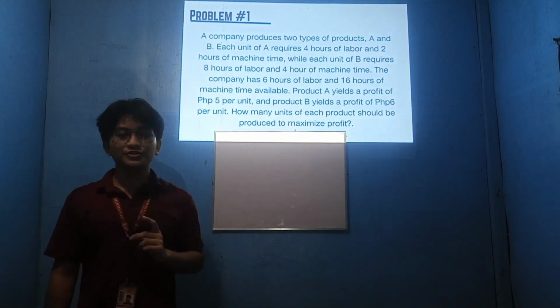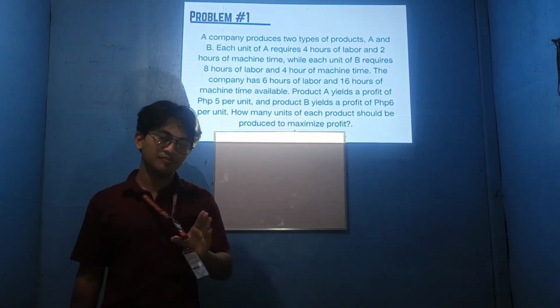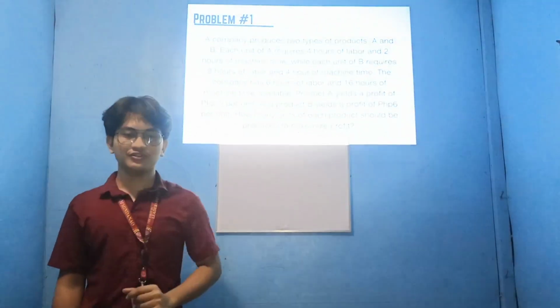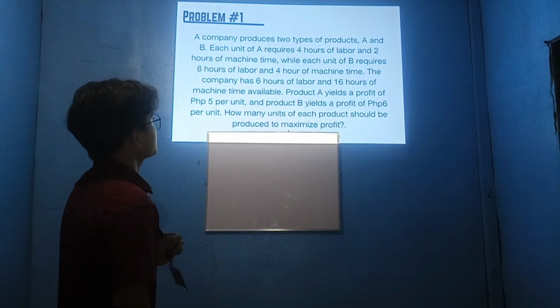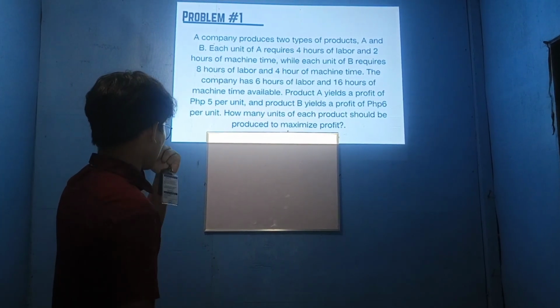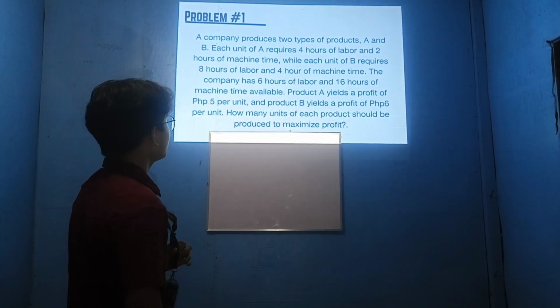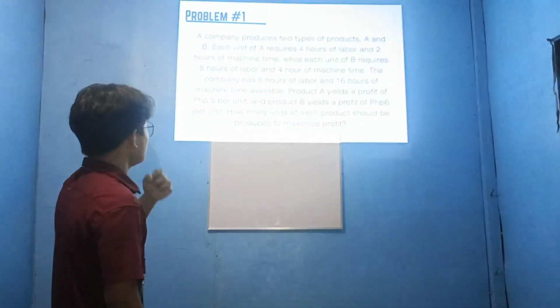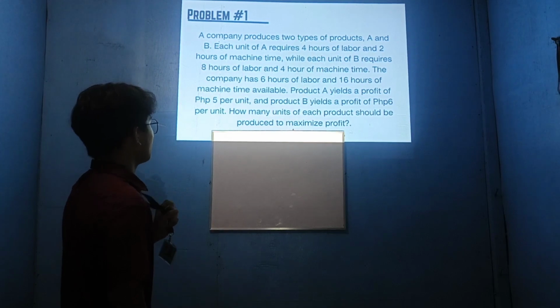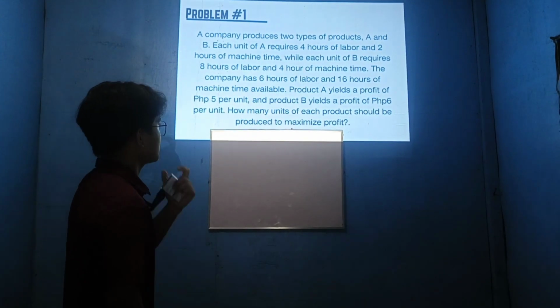Here in problem number 1, we will use the simplex maximization method with a greater than symbol. A company produces 2 types of products, A and B. Each unit of A requires 4 hours of labor and 2 hours of machine time, while each unit of B requires 8 hours of labor and 4 hours of machine time.